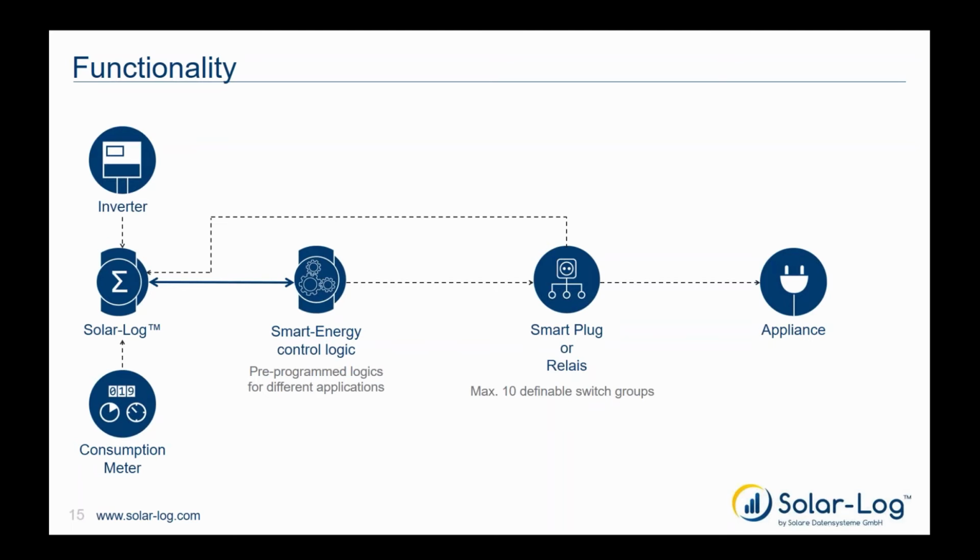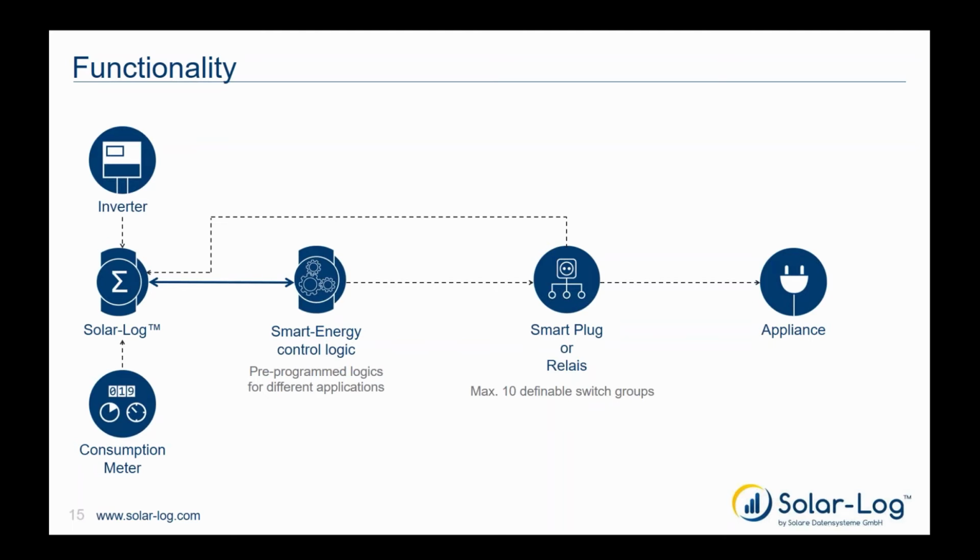And then the Solar-Log can calculate the sum, or the difference between production and consumption, which is the surplus. So most of the smart energy logics are based on a surplus, because you do not want to feed in the energy. You want to keep the energy in-house and use it as well as possible for your own needs and not feed it in.